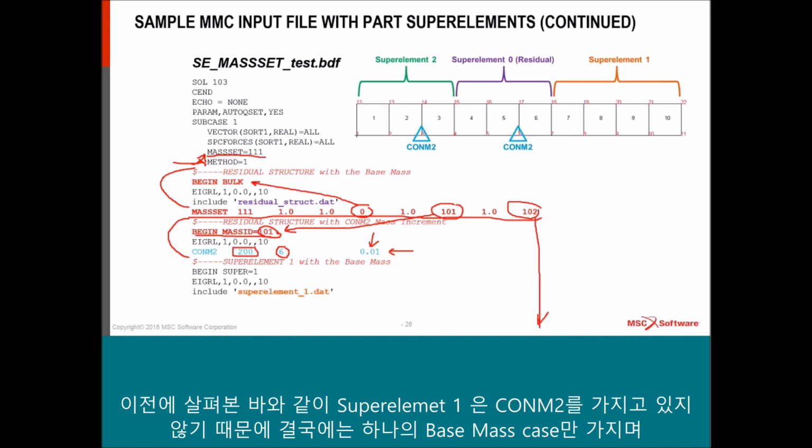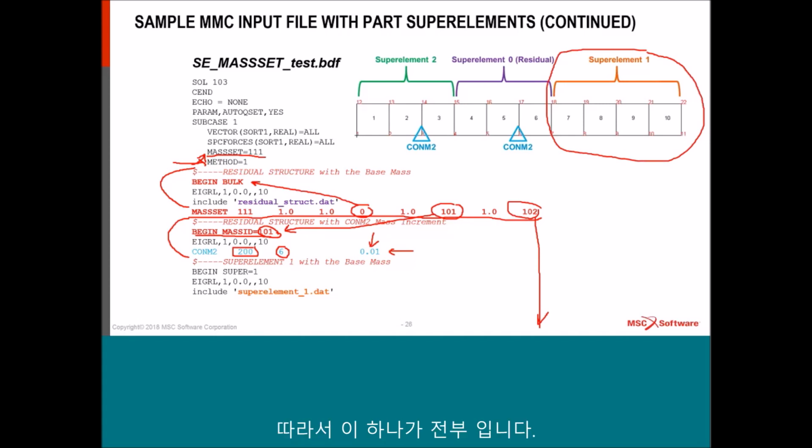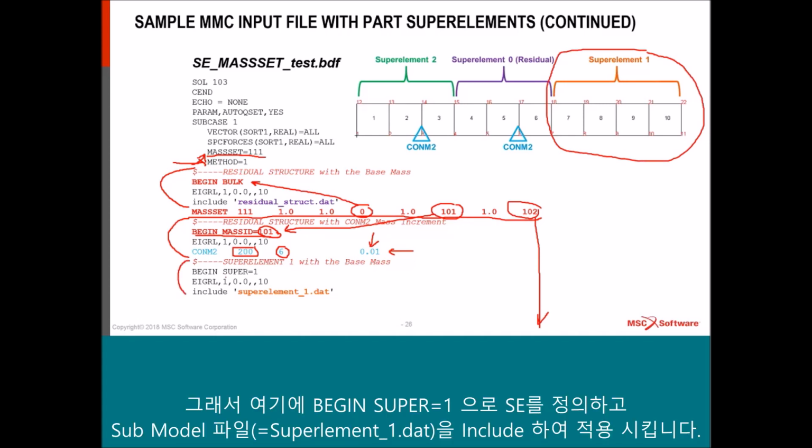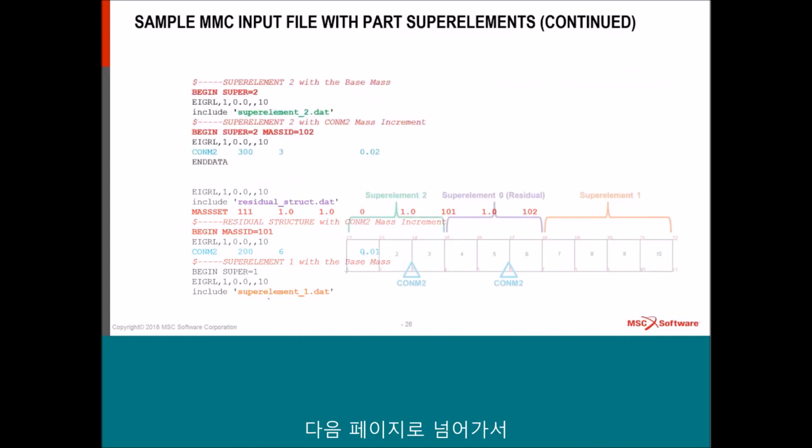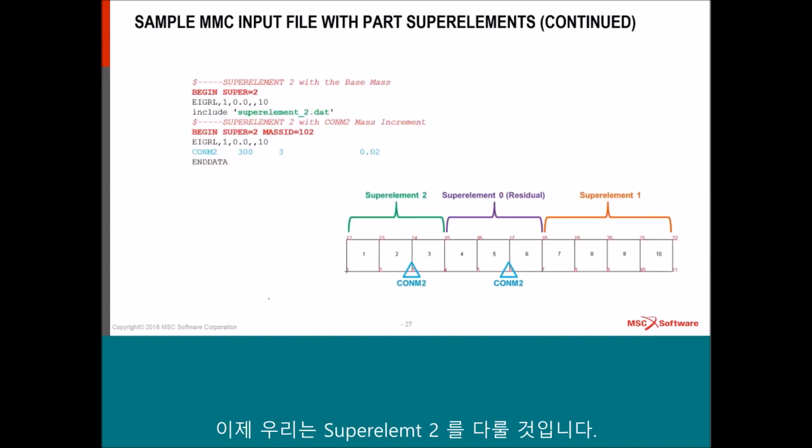Before we get to that, we have superelement 1, which does not have any CONM2 attached to it, so it's just going to be base mass alone. So we have the begin super 1, and then the include for that submodel, but that's it. If you turn the page, now we're dealing with superelement 2.